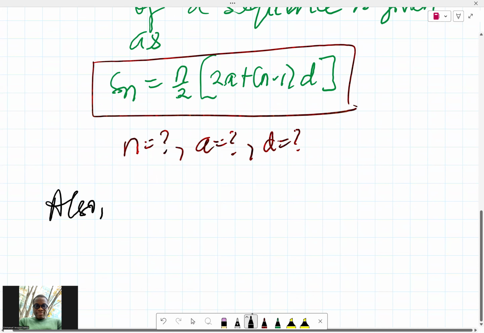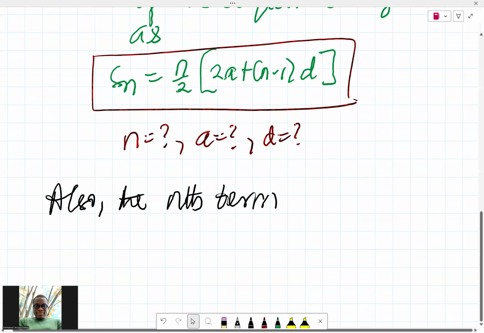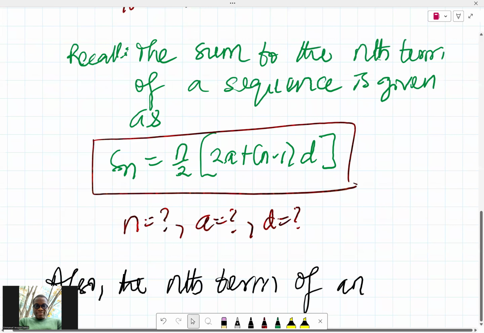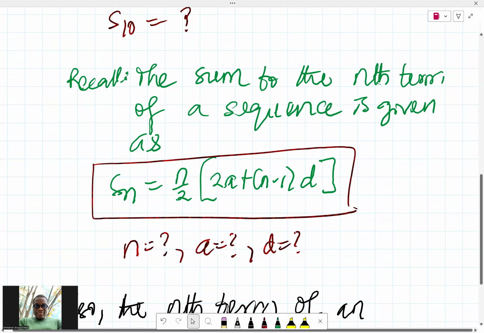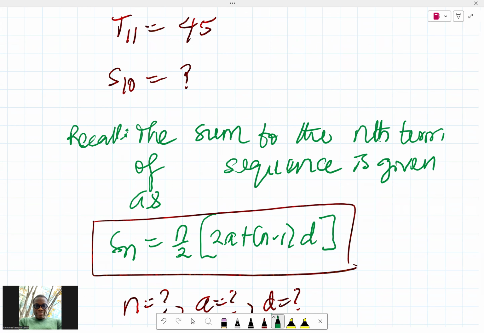The other formula is for the nth term of an arithmetic sequence, so this is actually arithmetic, not just any sequence.